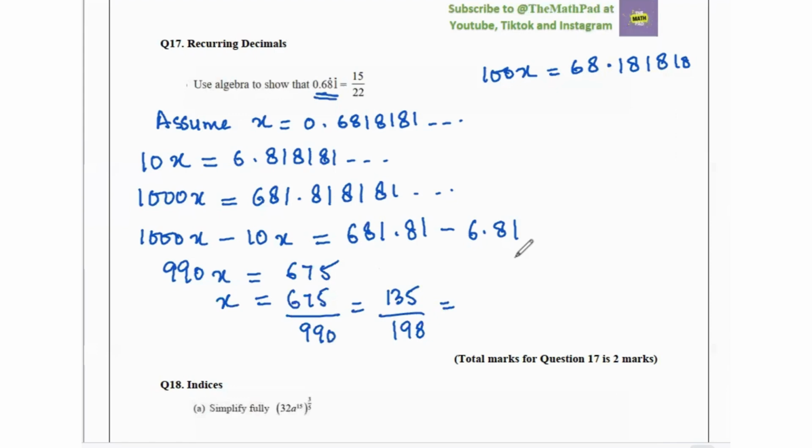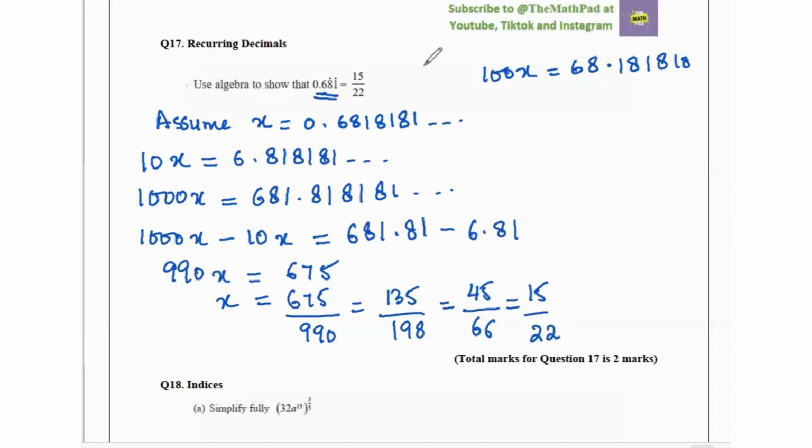So 135 divided by 3 is 45. 198 divided by 3 is going to be 66. Again, divide by 3, so that's 15 over 22, which is exactly what's in the question.